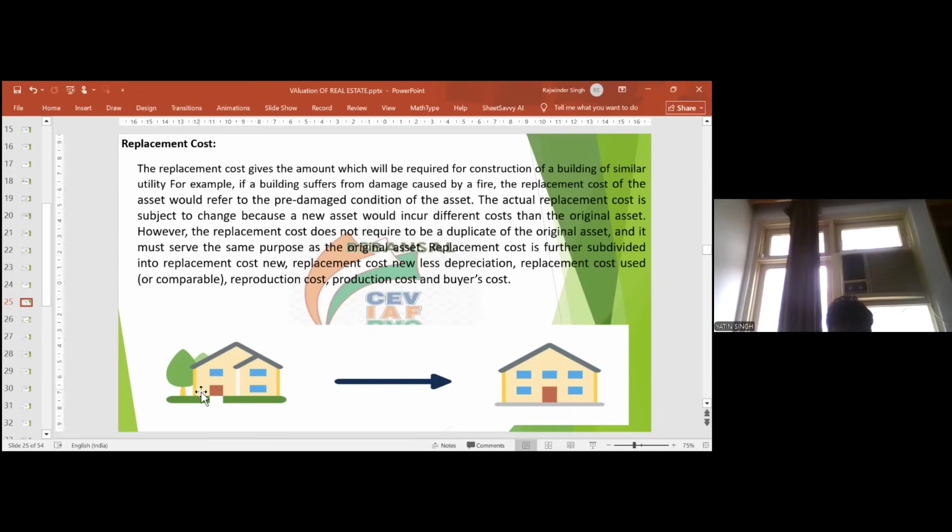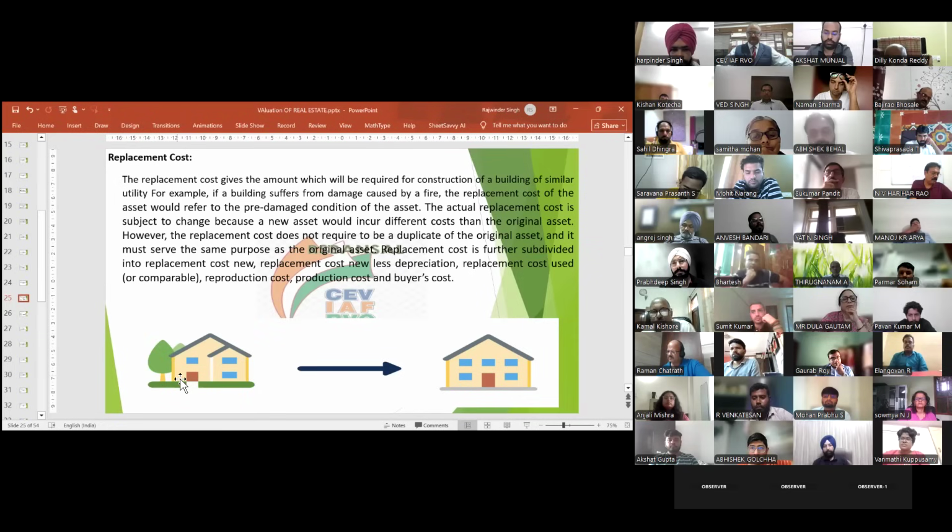That is called replacement cost. You have replaced the asset with an asset which has the same utility but may have a different design and different specifications. That is called replacement.